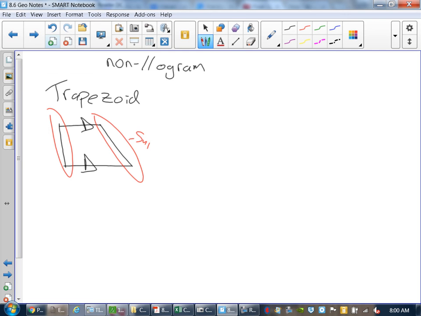These are supplementary to each other. The reason that those are supplementary is because they would be consecutive interior angles, by using the properties of parallel lines. Okay? That was pretty much the only thing that you were able to do when it came to plain old boring trapezoid. Now, the isosceles trapezoid was more specific.